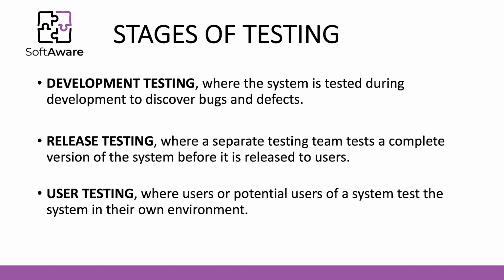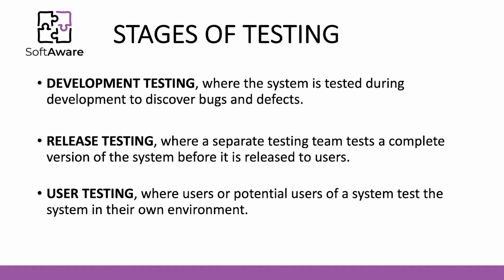And finally, we will have user testing. For instance, it's quite common to hear about alpha testing, beta testing, and all of these levels of testing are grouped inside the stage that is called user testing.